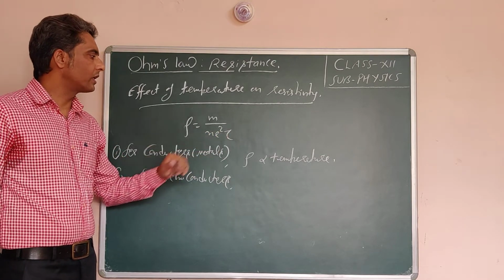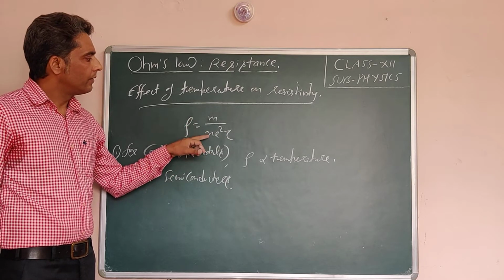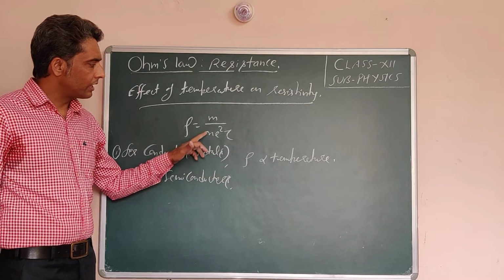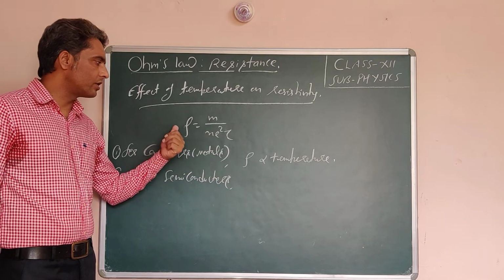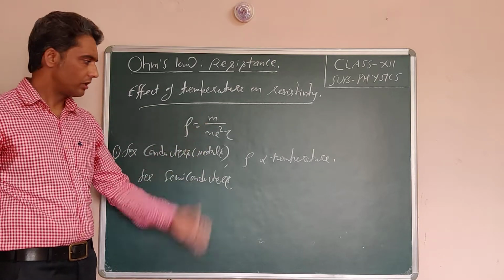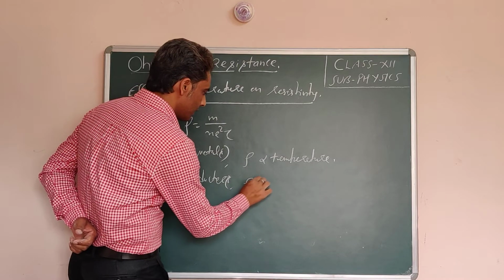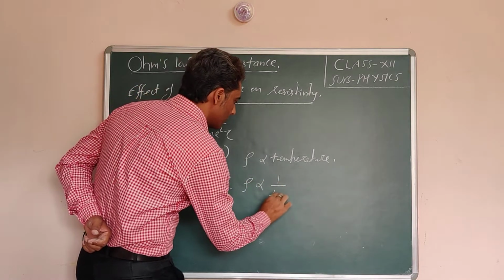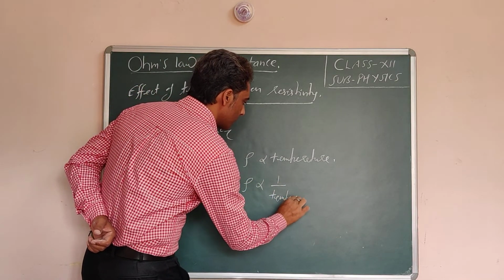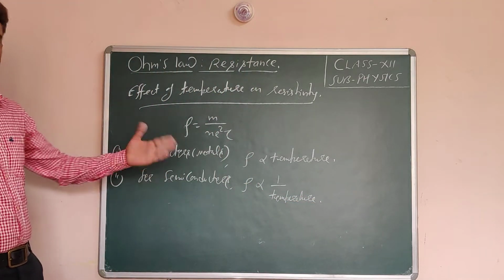So more effect is on this n, or we can say that with increasing temperature n increases, or resistivity decreases with increase in temperature. So for semiconductors we can say that resistivity is inversely proportional to temperature, and the same is the effect in case of insulators.